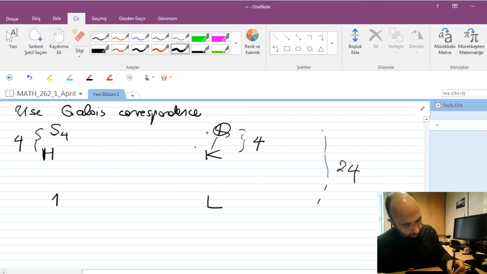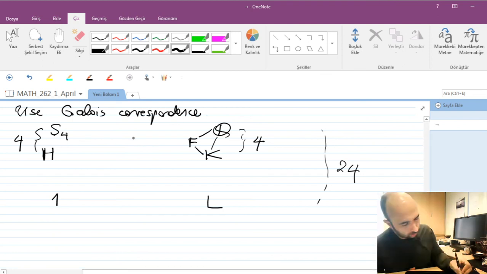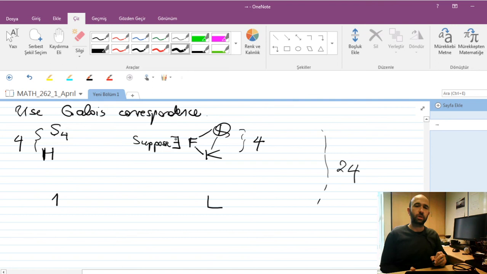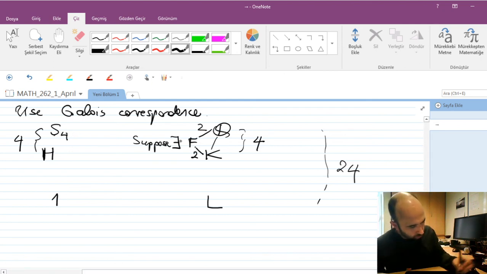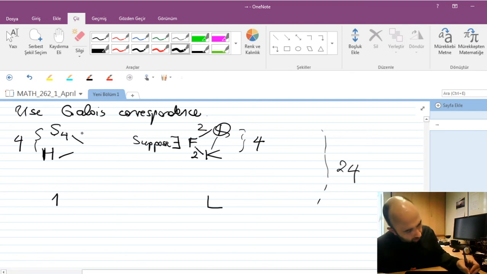Suppose there exists some F strictly between K and Q. Then, since this degree is 4, the only possibility is that these are 2 and 2. But then, corresponding to this F, you would need to have something between these two groups, and these relative indices here should be again 2 and 2.